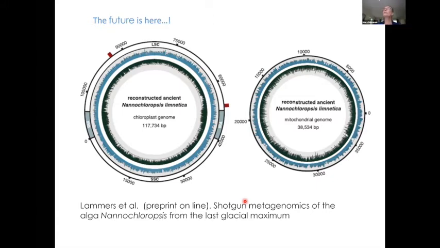And what we would need to do for that is to pursue the idea of reconstructing the genome and looking, for example, for functional genes, for traits that might be selected for as the species experiences environmental change in space and time. And recent work by Inge Elsos's group has, for example, been able to use shotgun sequencing to put together the genome of an aquatic alga from the last glacial maximum time.